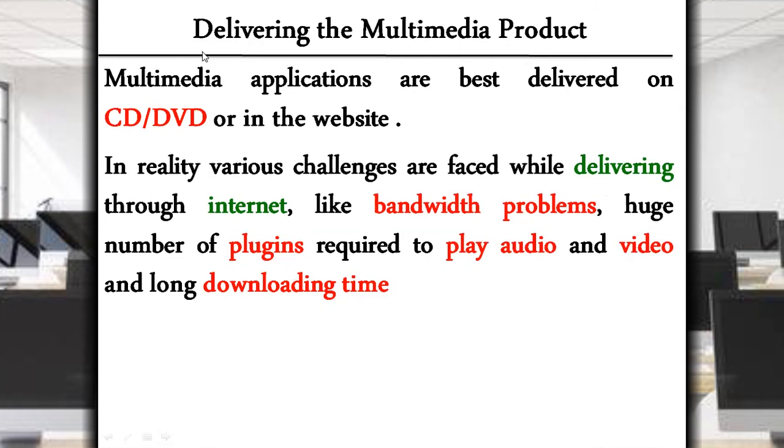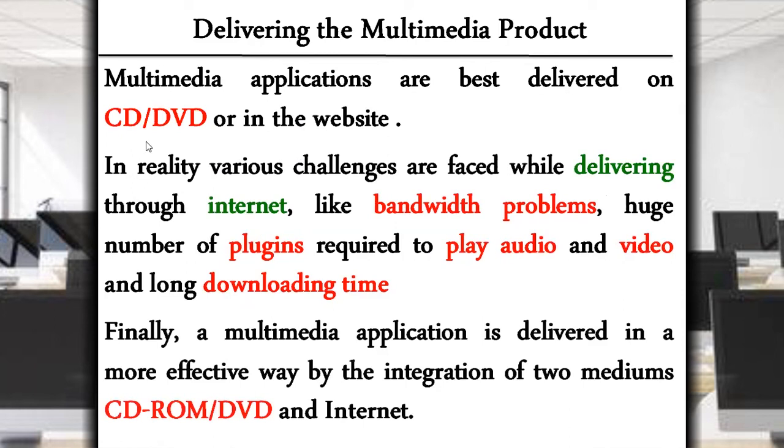Then you have CD and DVD. This is also one of the mediums where your multimedia projects are delivered to the end users. Finally, the multimedia application is delivered in a more effective way by the integration of two mediums, either by CD-ROM or DVD, and by internet.